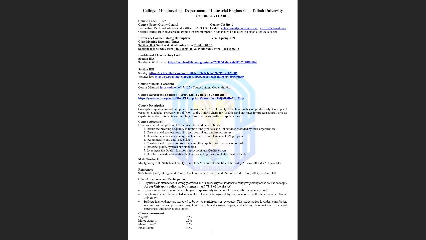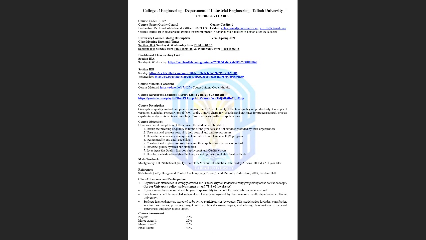The 5th one is the general area, which includes courses like engineering economy, systems analysis, or system design. The 4 that I have listed are where industrial engineering stands, and statistical and quality control is one of them.